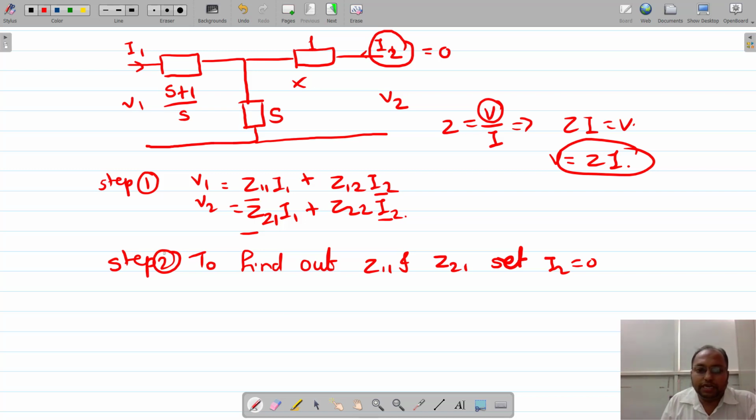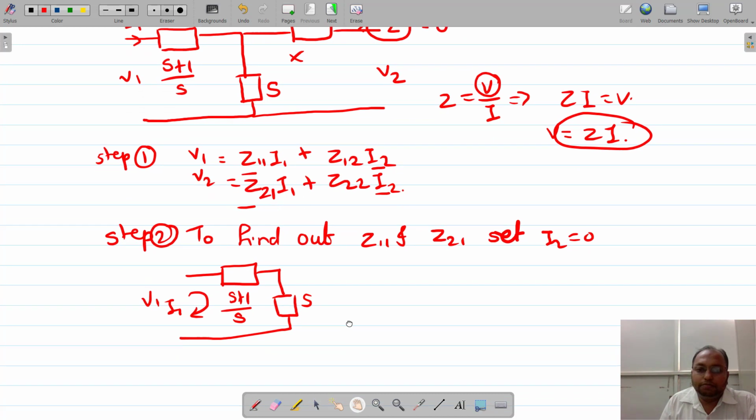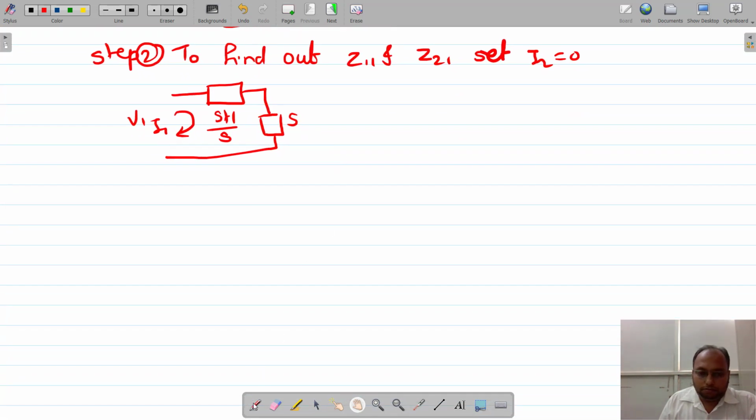So let us draw the circuit diagram which will have our interested part. S plus 1 divided by S, and this is nothing but S. As we used to, we are going to apply KVL. Applying KVL, V1 is equal to S plus 1 divided by S into I1 plus S I1.